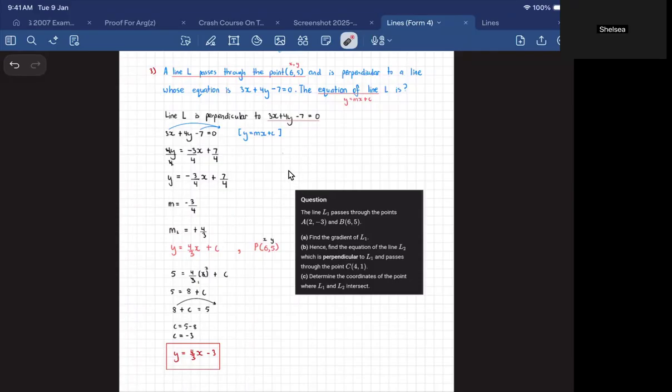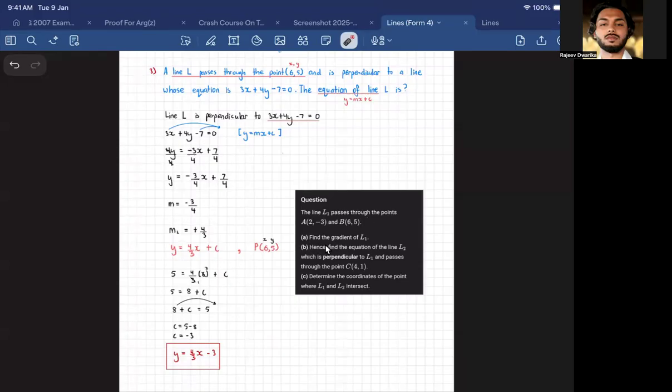All right, sir, you got through the first question. Yes, sir. What would the gradient of the second line be? So 2? No, the gradient of the first line was 2. Because if you read the question, it's saying L1 passes through A and B. So if you find the gradient using A and B, you're finding the gradient of L1, because L1 passes through those 2 points.